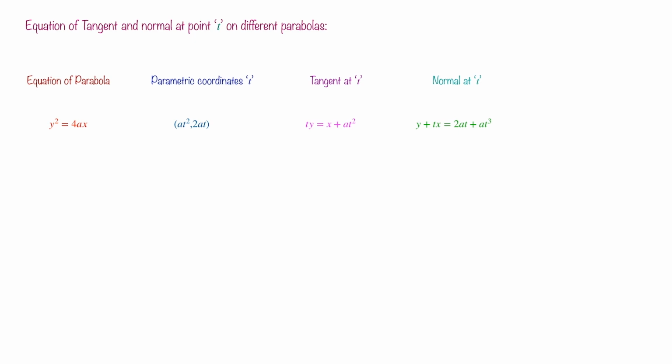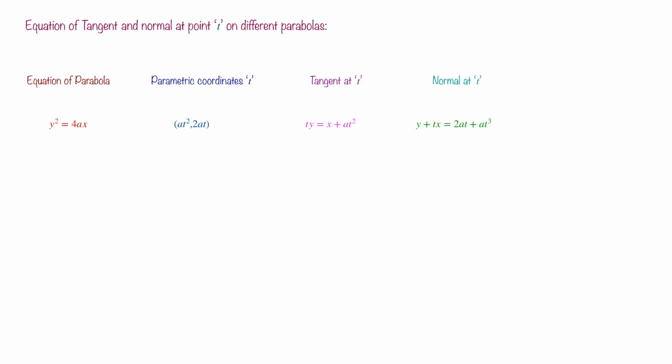So at a point at square comma 2at, the tangent is going to be ty equal to x plus at square, and normal is going to be y plus tx equal to 2at plus at cube. We have just seen this from the above theorem.